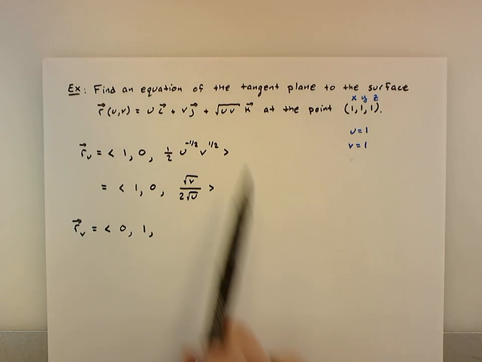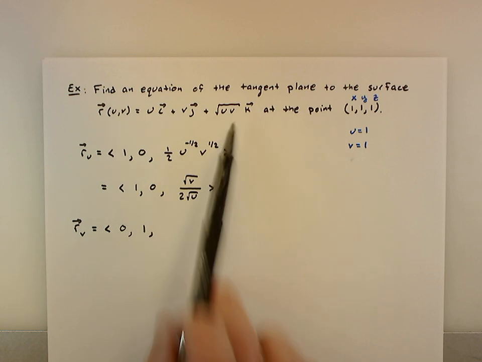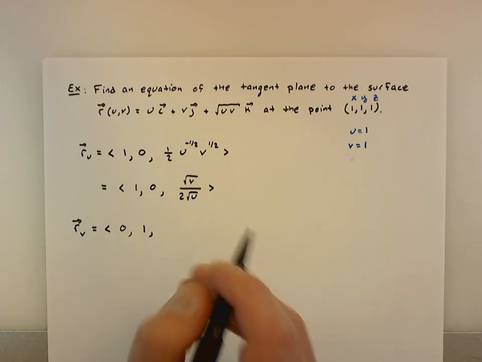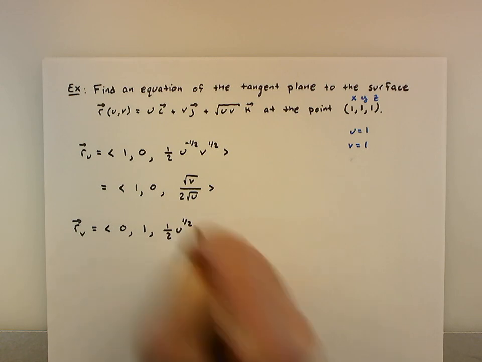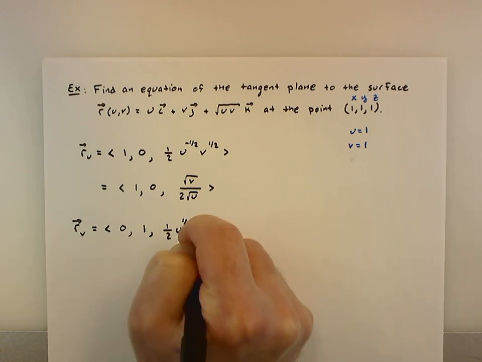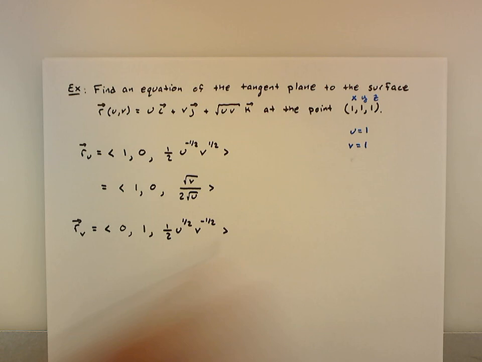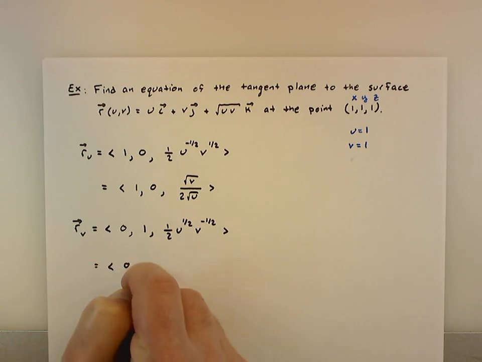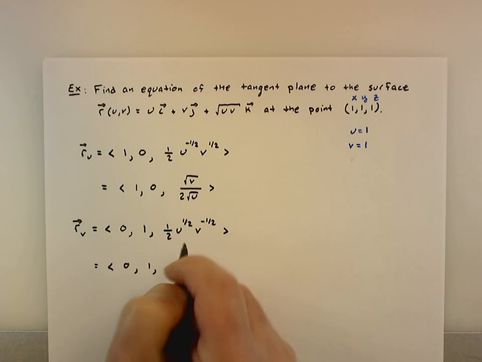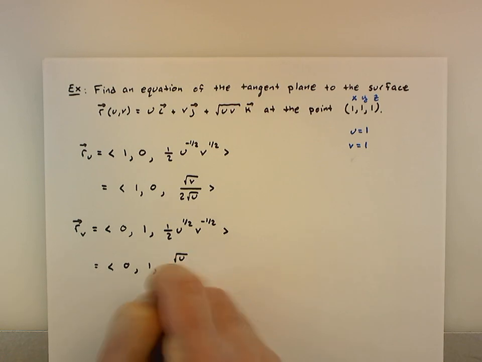If I take the derivative of the last component with respect to v, that's 1/2 u to the 1/2 v to the negative 1/2, which simplifies to 0, 1, square root of u over 2 square root of v.